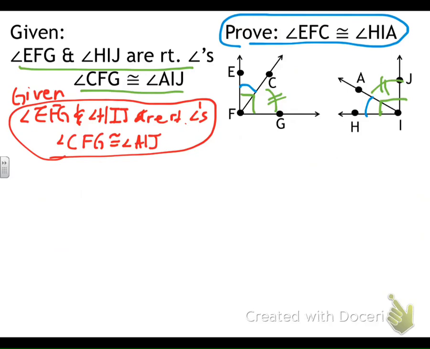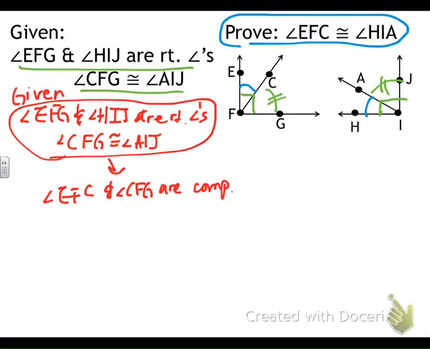All right, so based on right angles, we know that angles are complementary. So we can say angle EFC and angle CFG are complements.